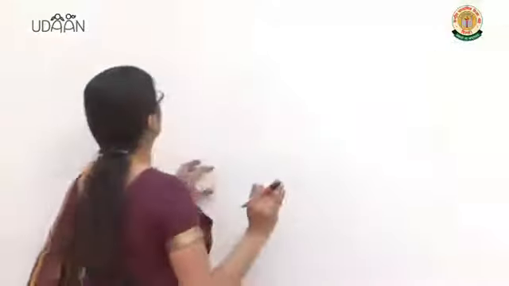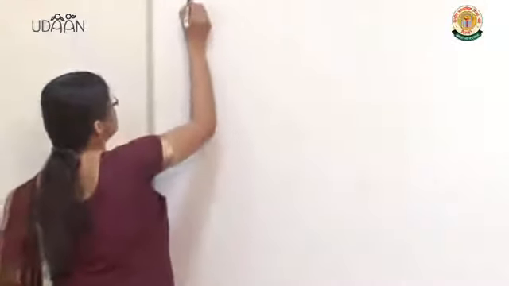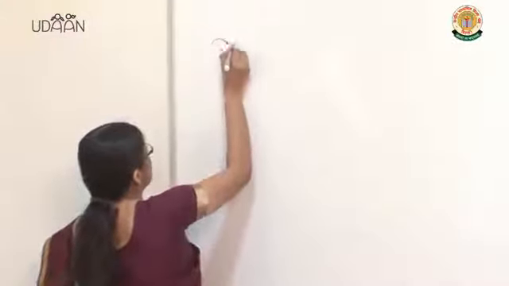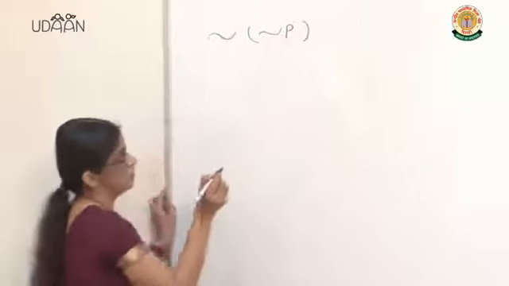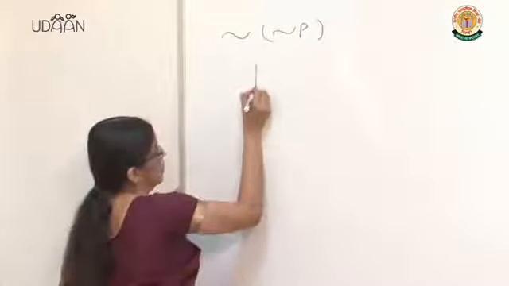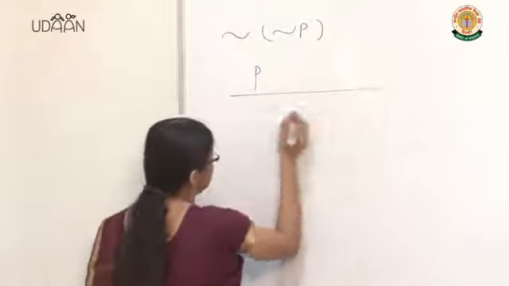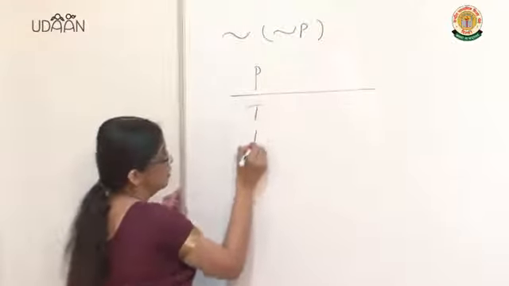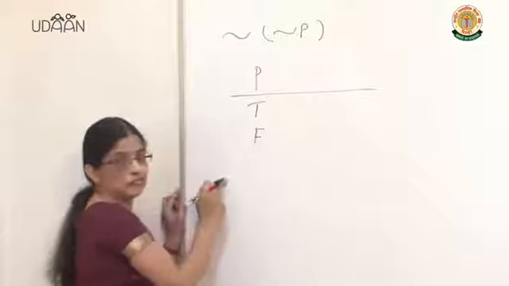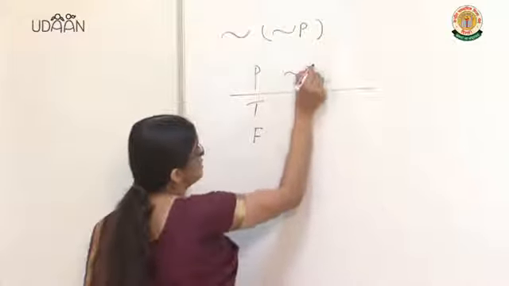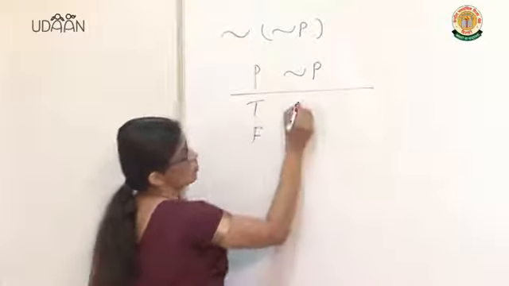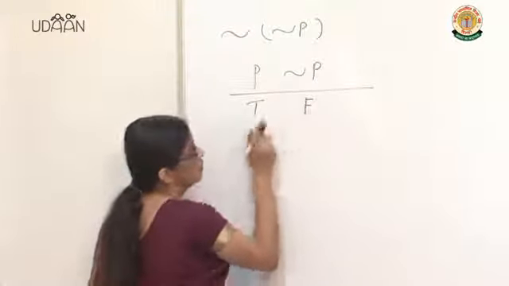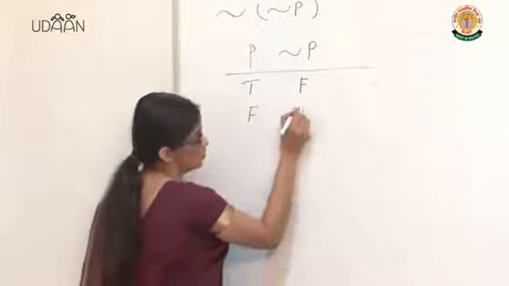Listen here. Can you tell me what will be the negation of P? Let us see. P is a statement which has truth value either T or F. Let us make the table for negation of P. When P is true, negation of P is false. When P is false, it is true.